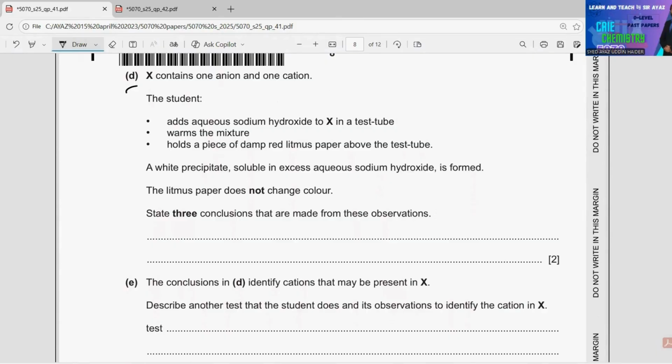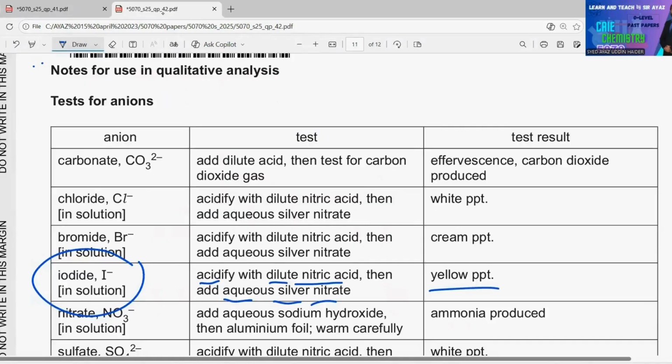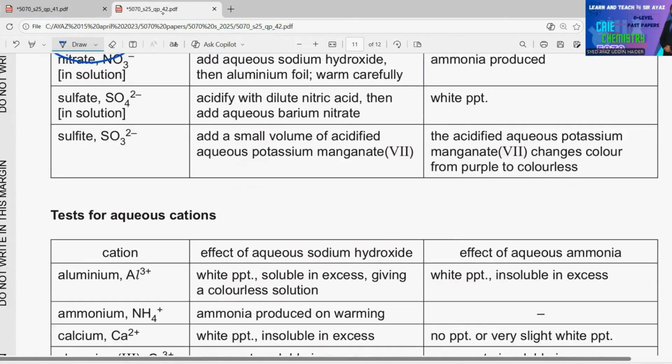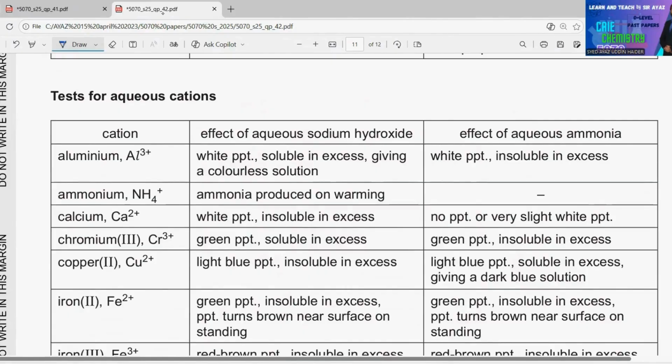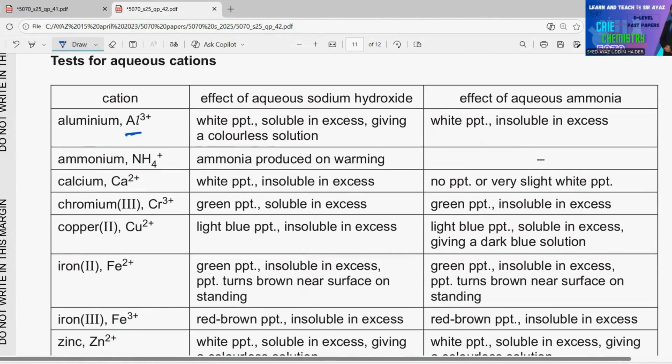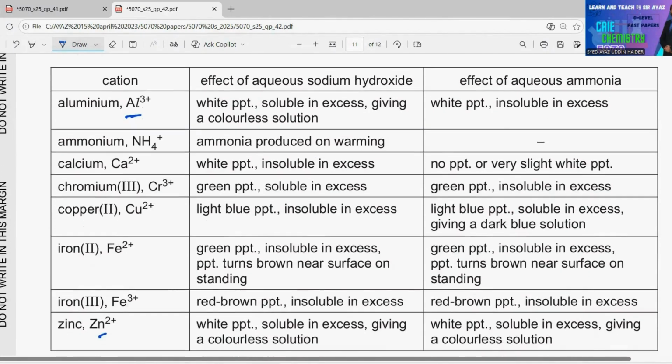Now see, a white precipitate soluble in excess aqueous sodium hydroxide is formed and the litmus paper does not change color. This needs the test for cations. We will look at the test for cations. We'll find Al3+ and Zn2+. Both of these will give a white precipitate which is soluble in excess, forming a colorless solution. For the litmus test, it must be NH4+.